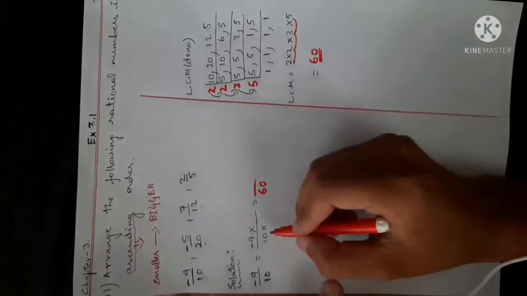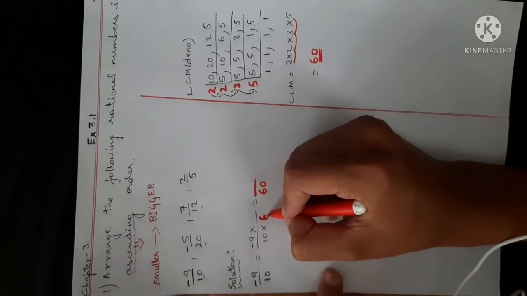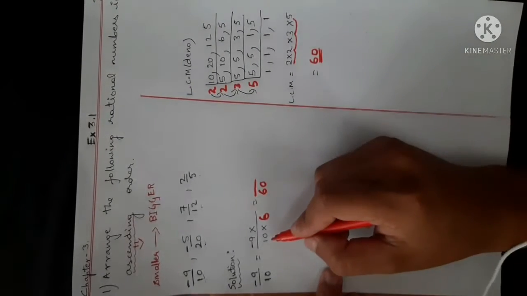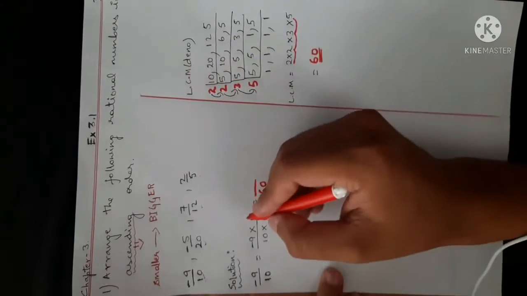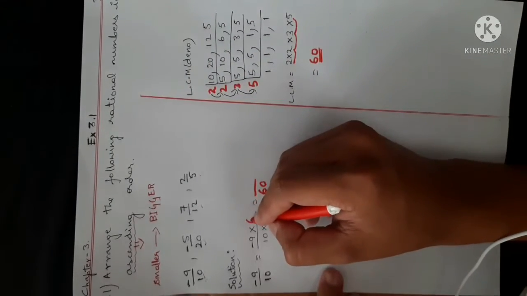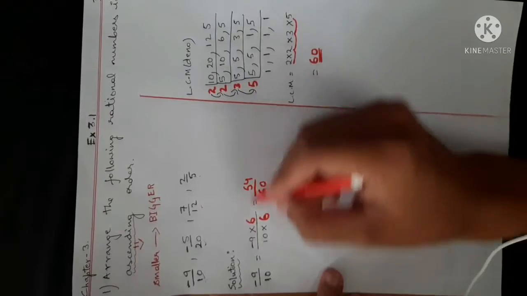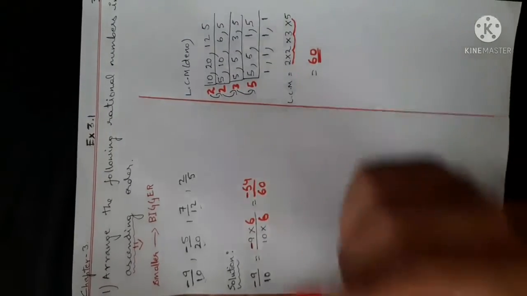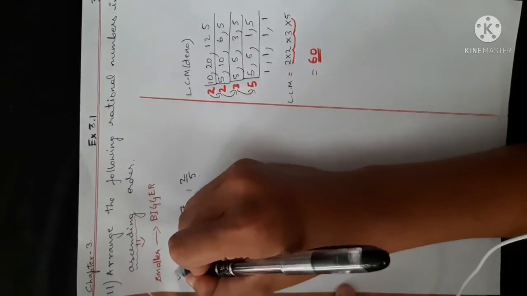So 10 multiply into how much equals 60? 10 multiply 6 equal 60. So since we multiply by 6 in the denominator, in the numerator also we have to multiply by the same number, 6. 9 multiply 6 equal 54. This is minus, this is plus, so minus into plus equal minus. So we have done for this rational number.